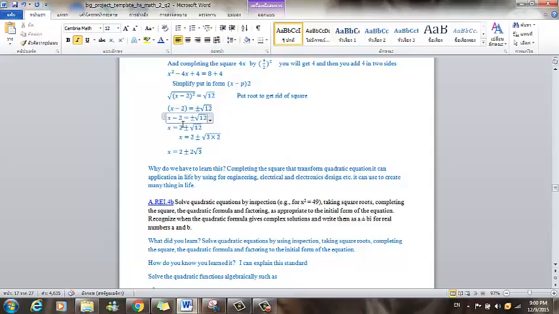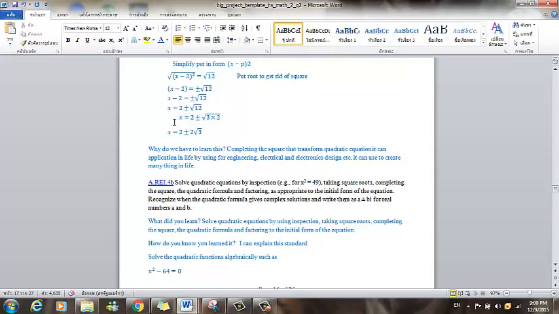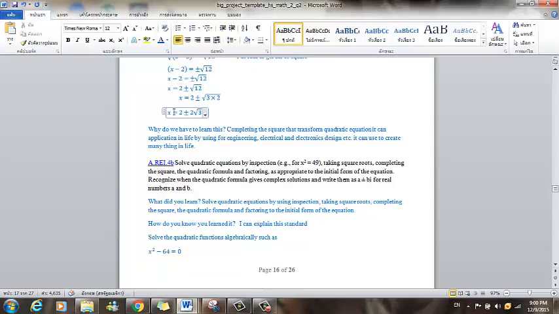So you will find the x-intercept, because x is equal to 2 plus and minus root 12. The root 12 is root of 3 times 4, so the answer that we get is this.